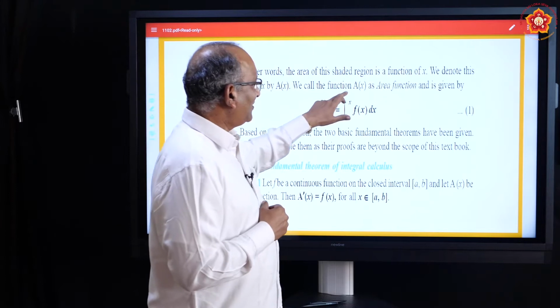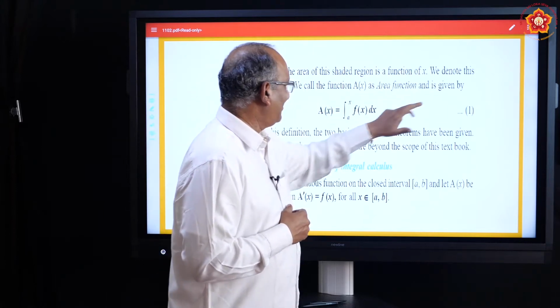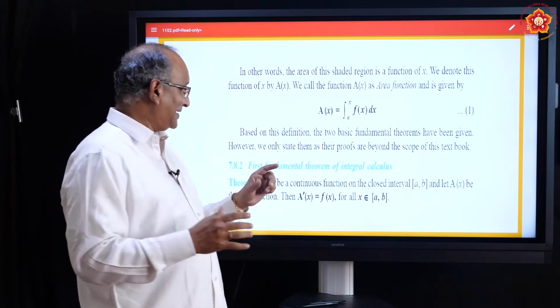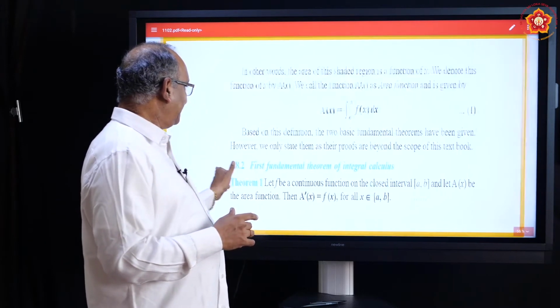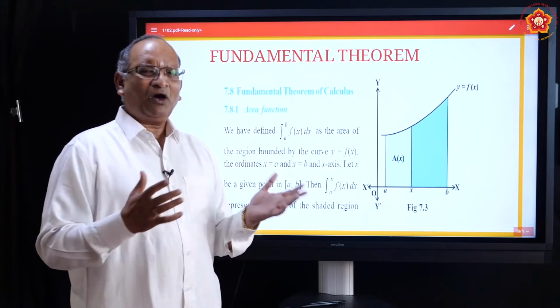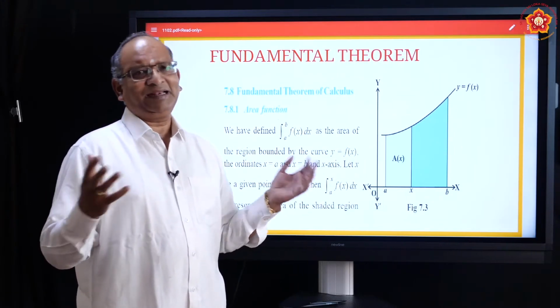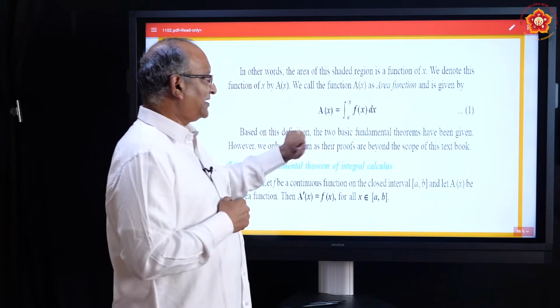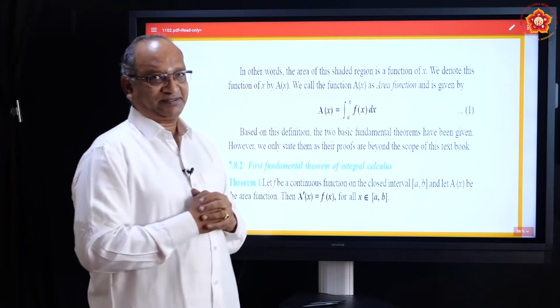We call the function A(x) the area function, and it is given by A(x) equal to the area of that particular shaded region. You can call it anything of your choice. So A(x) equals the integral from a to x of f(x) dx.